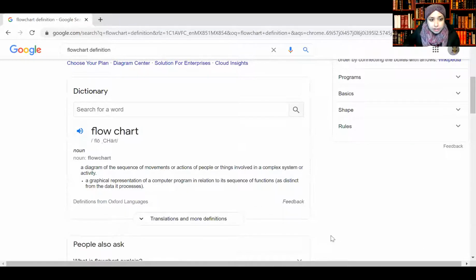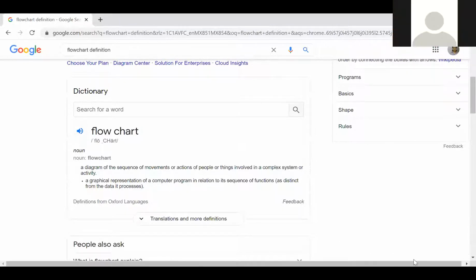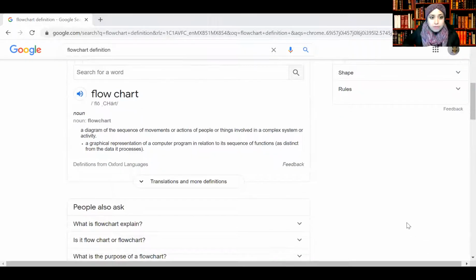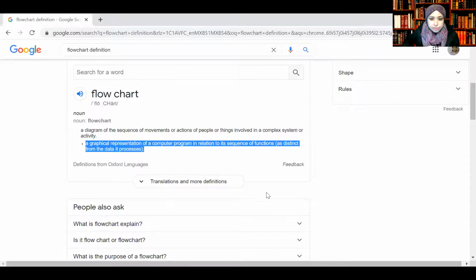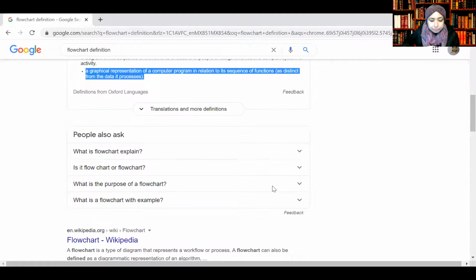For example, here, the definition of flowchart tells us that it is a diagram of the sequence of movements or actions of people or things involved in a complex system or activity. It is also a graphical representation of a computer program in relation to its sequence of functions as distinct from the data it processes.